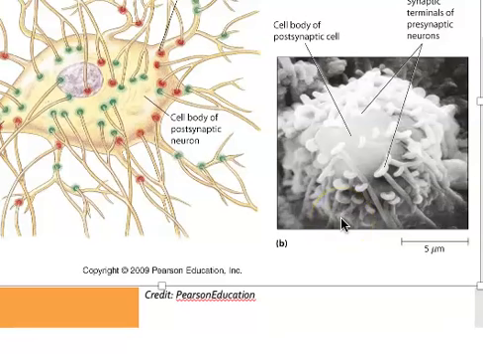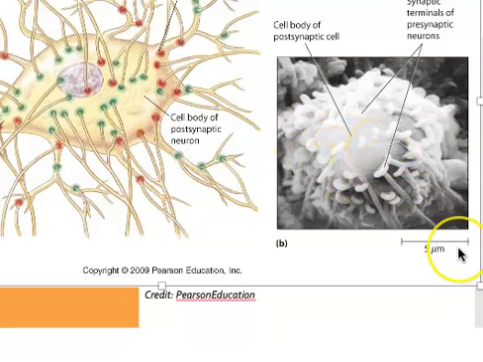So in other words, this neuron that is receiving so much input and is integrating all of it and sending it down its axon. Its axon might end right here in this terminal branch. But look at all the other neurons that are communicating with this postsynaptic cell.